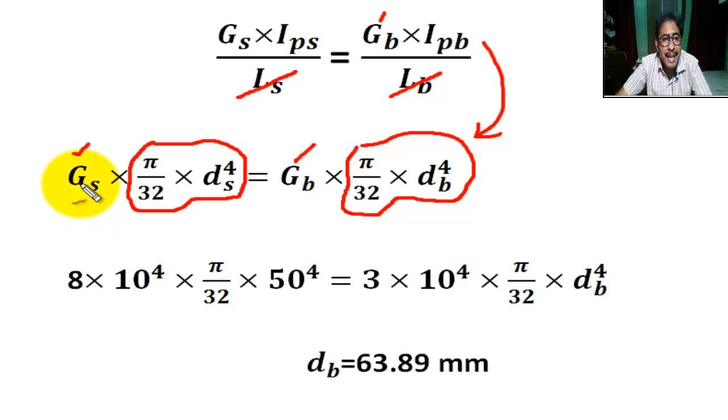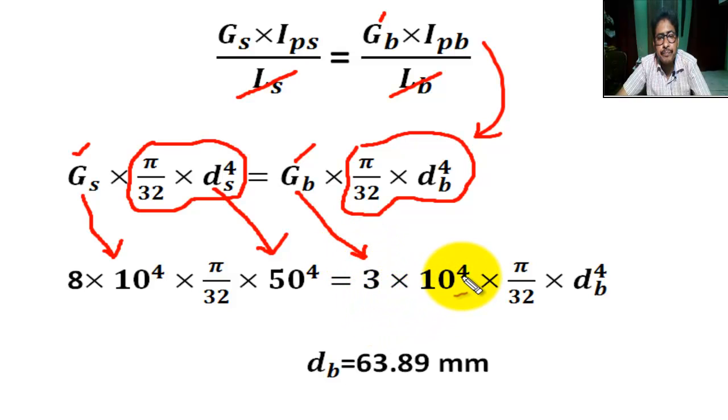Now, putting the values of Gs, Ds and Gb: value of Gs 8 into 10 to the power 4, pi by 32, value of Ds 50, and value of Gb 3 into 10 to the power 4, pi by 32 and dB to the power 4.